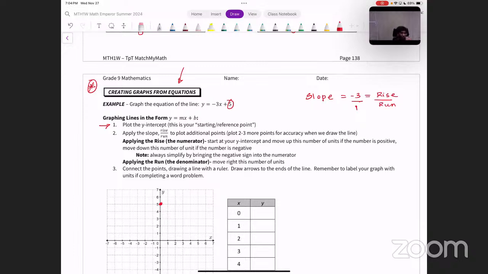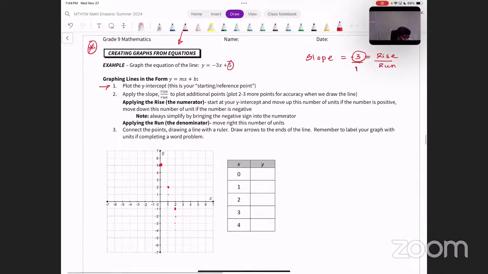What is that telling us? You come down 3 units, 1, 2, 3 units, and go to the right by 1 unit. You come down 3 units, go to the right by 1 unit, and again.